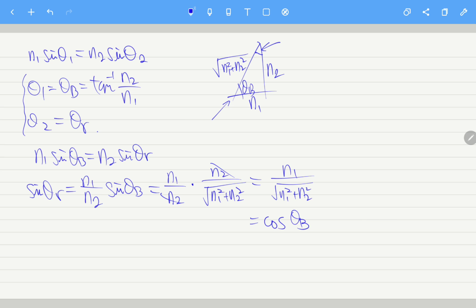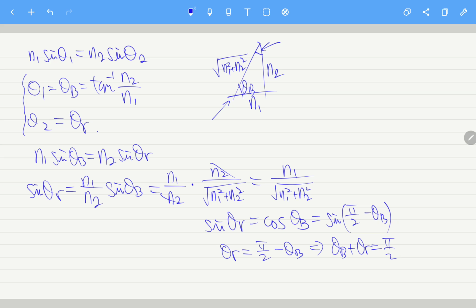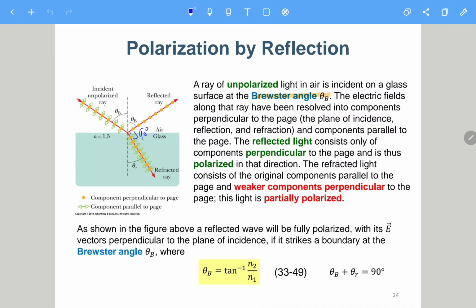So we have sine of theta r equals cosine of theta b, and they are both acute angles, so we can write it as sine of pi over 2 minus theta b, which means that theta r equals pi over 2 minus theta b. So we have theta b plus theta r equals pi over 2, or 90 degrees. So we prove this one.